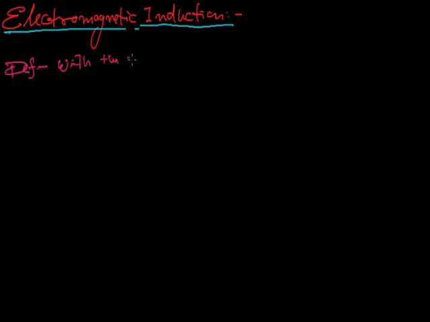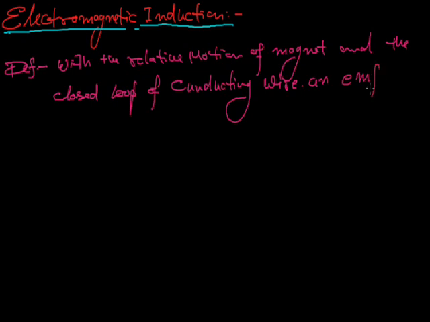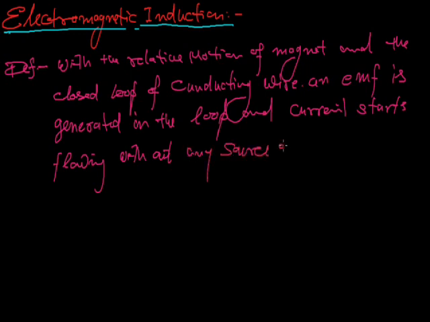With the relative motion of a magnet and the closed loop of conducting wire, an EMF is generated in the loop and current starts flowing without any source of EMF connected in the loop.